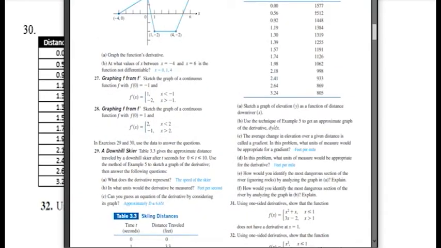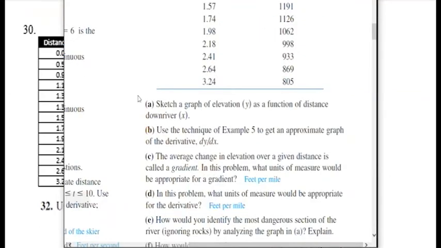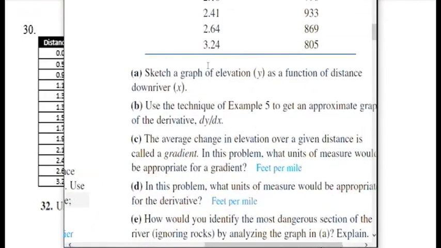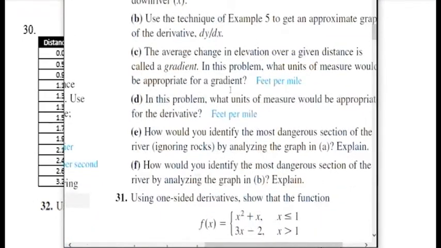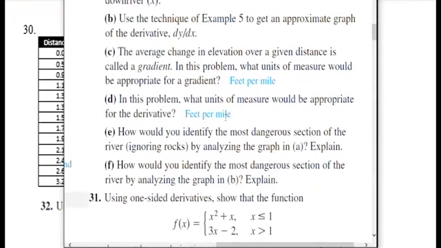Oh, it's tiny, but you see this is feet and this is mile. It's a stupid unit, but it's feet per mile. You know what I'm saying? Okay, so that's C. And D in this problem, what unit of the measure would be feet per mile again.